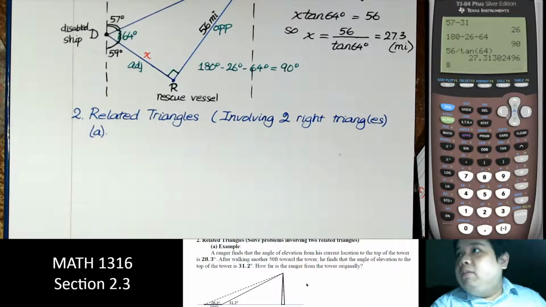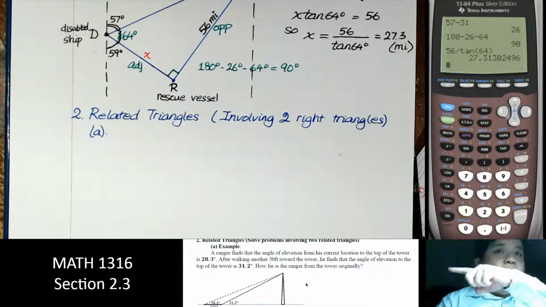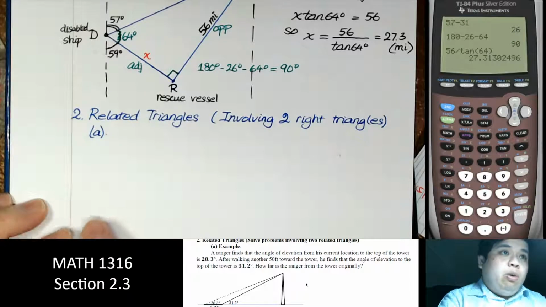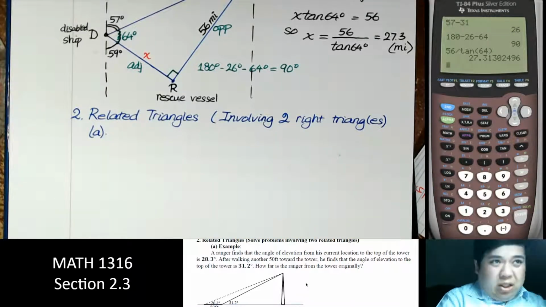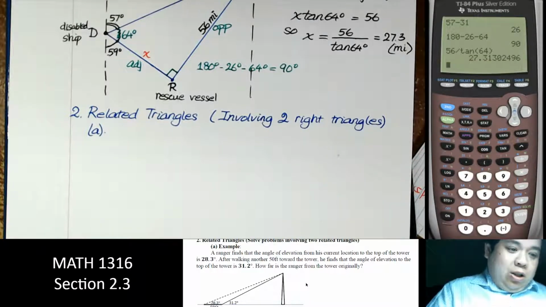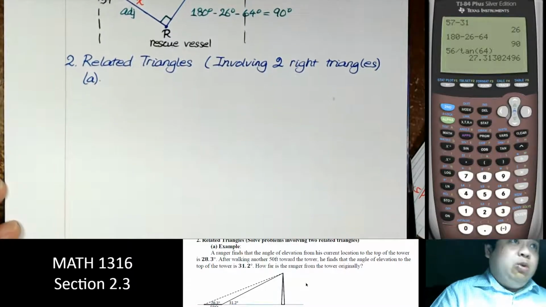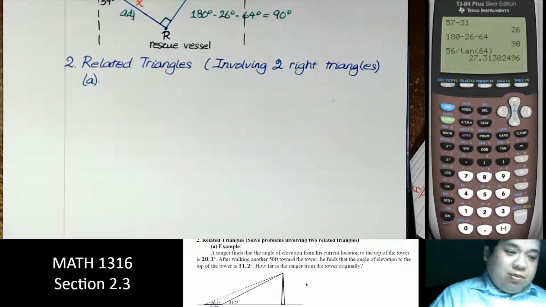So we have the problem on that side. First, a ranger finds the angle of elevation from where he is to the top of the tower, 28.3 degrees. Right. So we encounter this kind of problem a lot in real-life applications.